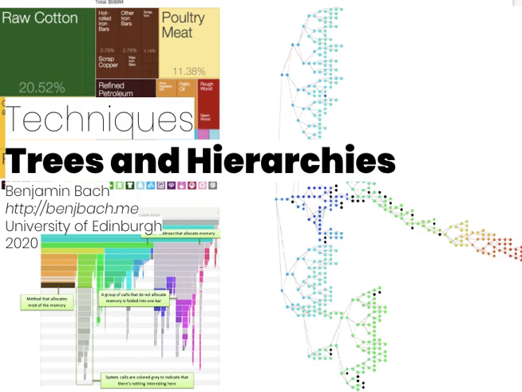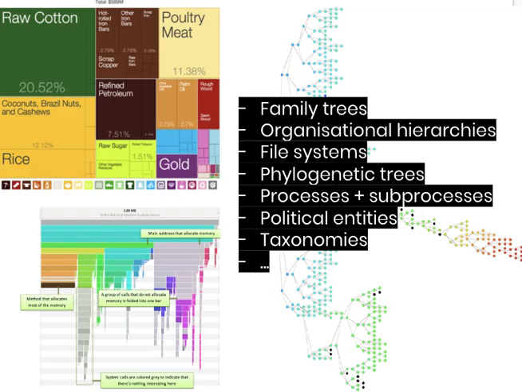You can find trees and hierarchies in many different domains. They can represent a lot of different concepts and ideas. For example, we find trees in family trees, organizational hierarchies, how organizations are built, what the lines, the chains of reporting, the chains of orders are, for example.